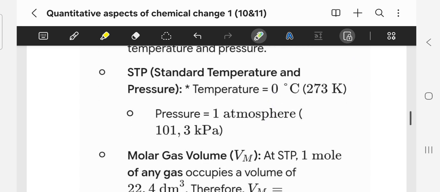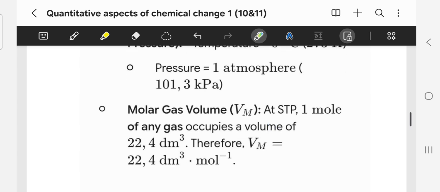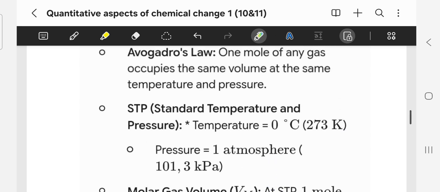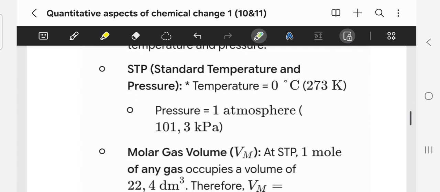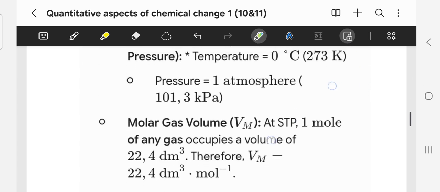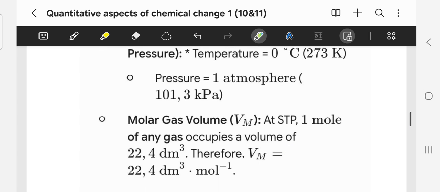Under those situations, 1 mole of any gas will occupy the same volume at the same temperature and pressure. That's the definition. So what is that volume? That volume is called the molar gas volume, and it's denoted by Vm.